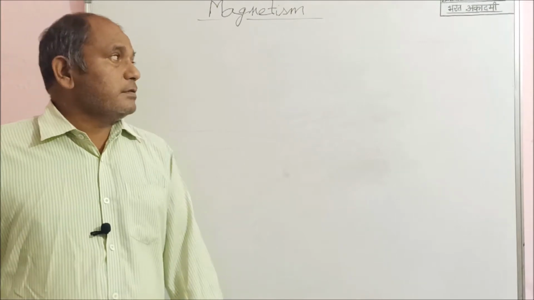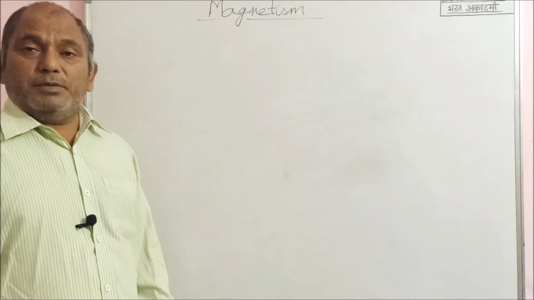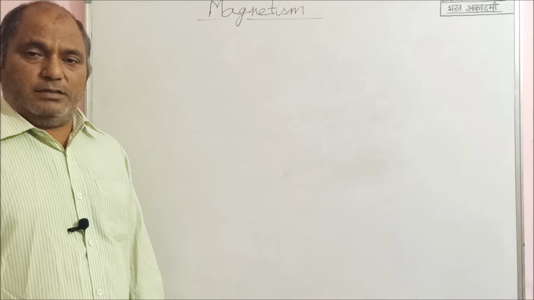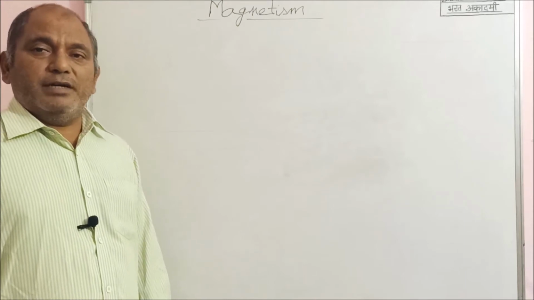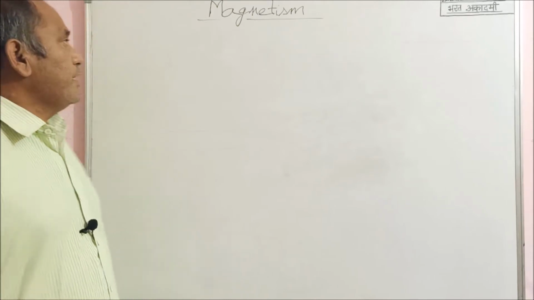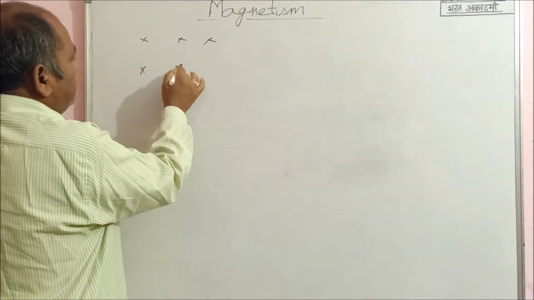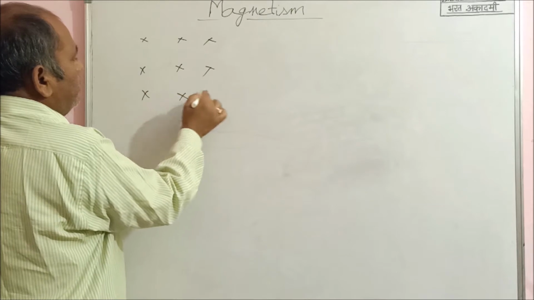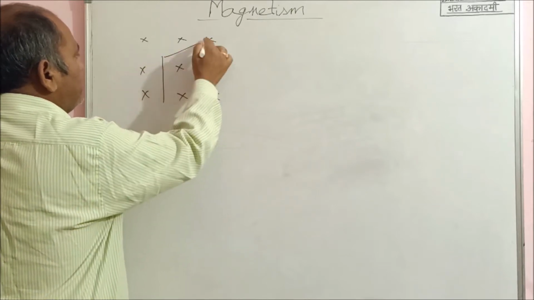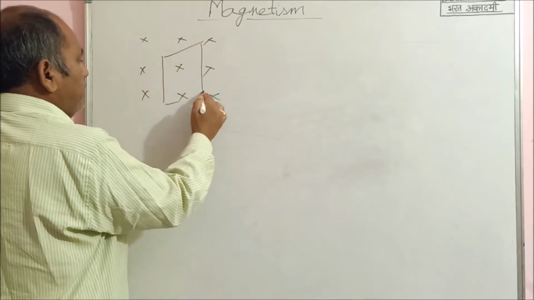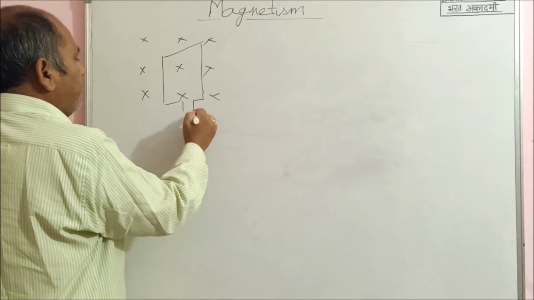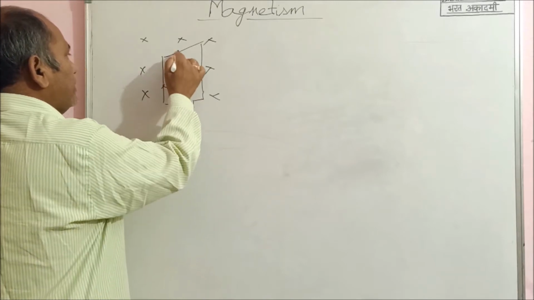Hello, good evening, friends. Now we have our next topic, magnetism, right? What we have read up till now in magnetic effect of current: when a current carrying rectangular loop is placed inside a uniform magnetic field, what happens?